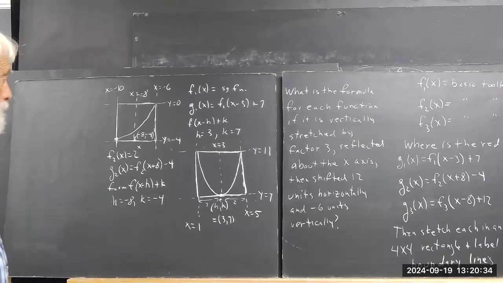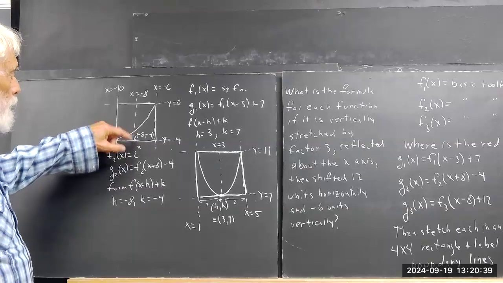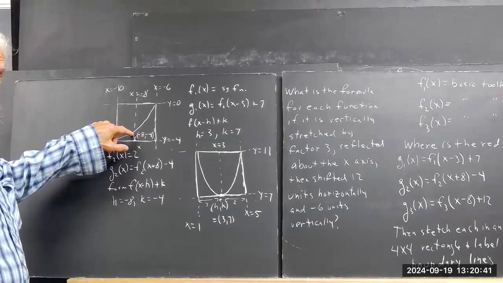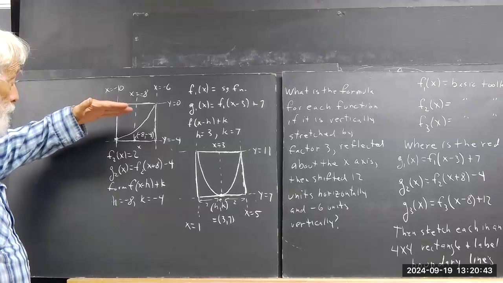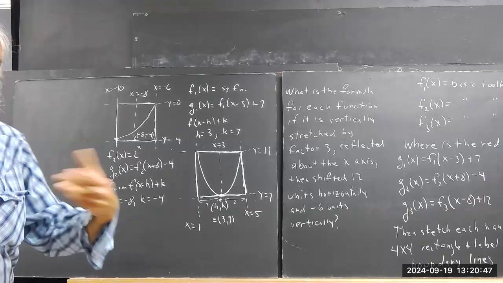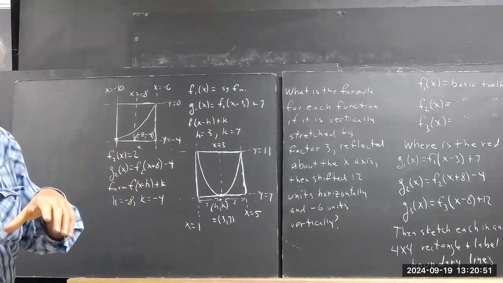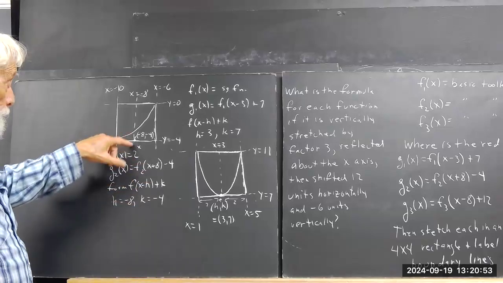Now, another thing is it should go through the point 1 unit above the red dot. Okay, because when you subdivide it, you do this, and then you do this, it's on this line, and that's the y equals 1 line if you do the basic toolkit function. But the point is 1 unit above the red dot.